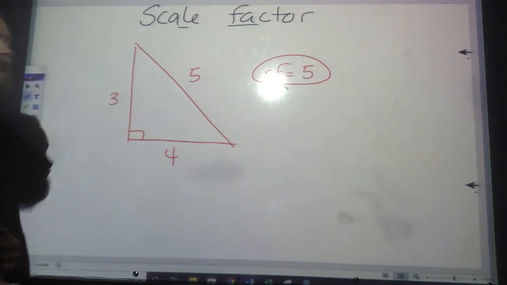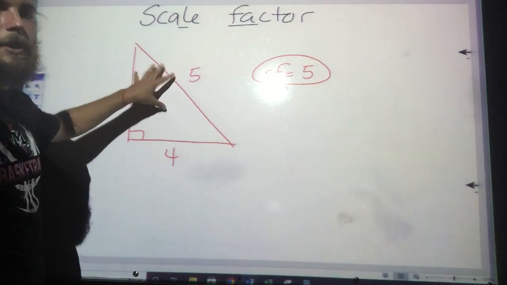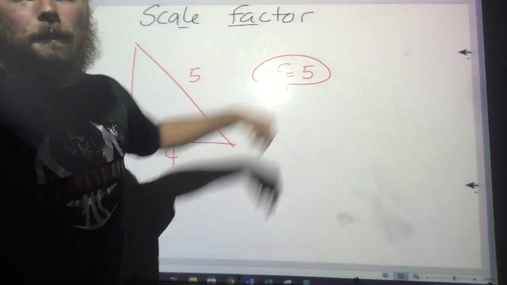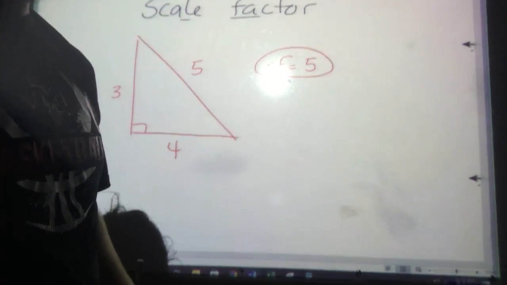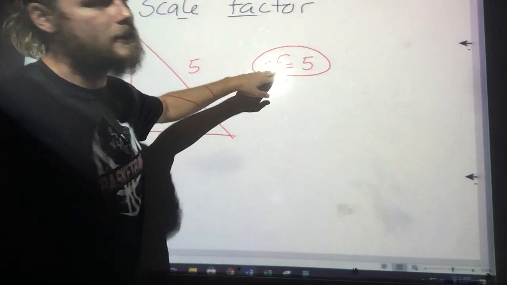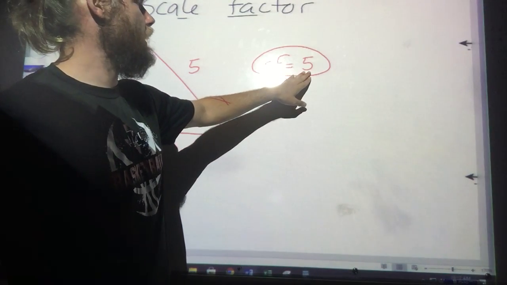Okay? A scale factor of 5. So we're going to take this image here and create a new image with a scale factor of 5. Sorry guys if the glare is in the way, but that says a scale factor of 5.